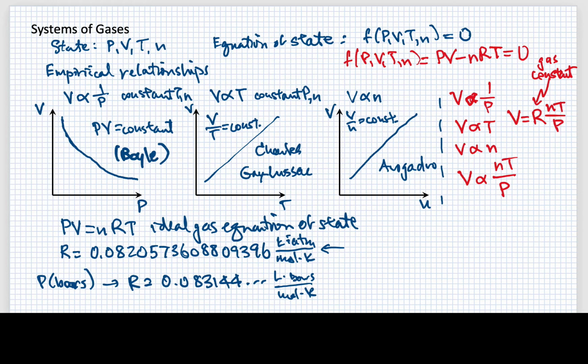Now let's go to a fresh page. I want to talk a little bit more about the difference between bars and atmospheres, because I just sort of threw that out last time. Why do we use bars instead of atmospheres? Well, remember that pressure is basically a measure of force per unit area.